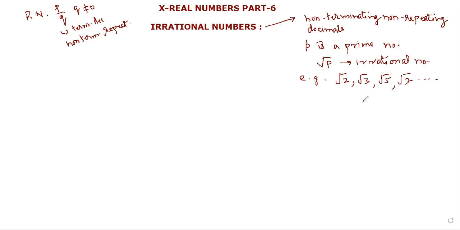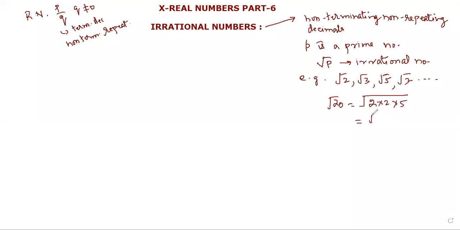And we proved one theorem, the fundamental theorem of arithmetic, that every composite number can be expressed as the product of its primes. For example, 20 can be written in terms of its prime factors as 2 into 2 into 5.